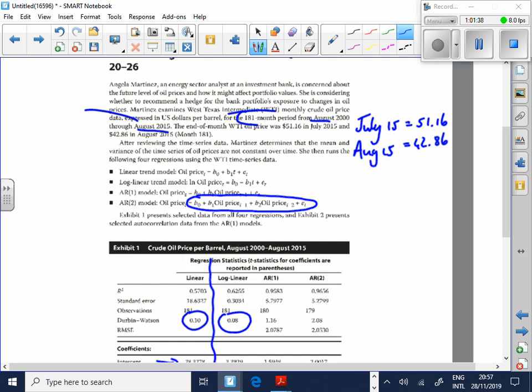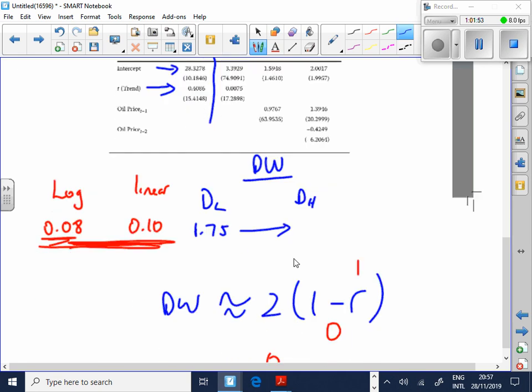How did I do this one? Remember what I put over there in the right-hand column? I put the July and the August prices, didn't I? What is an AR2 model? Look at question 24. 24 wants me to work out the price when, guys?